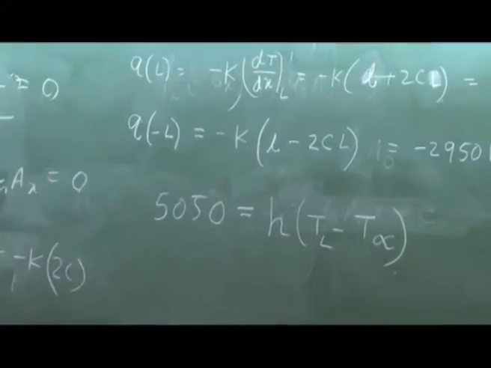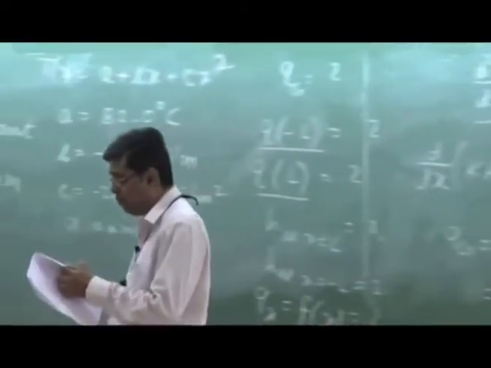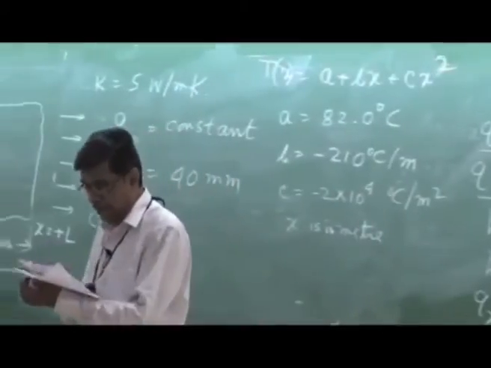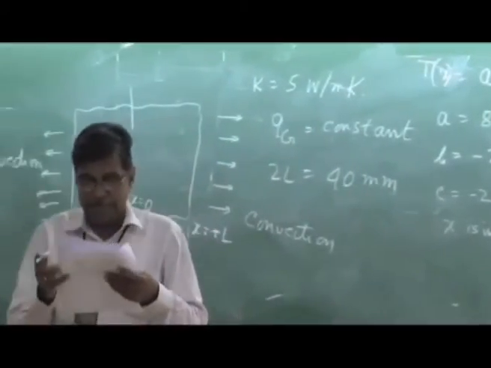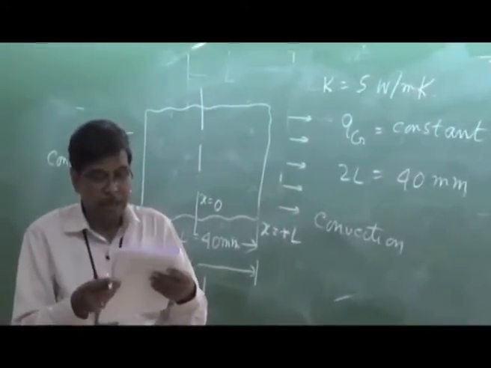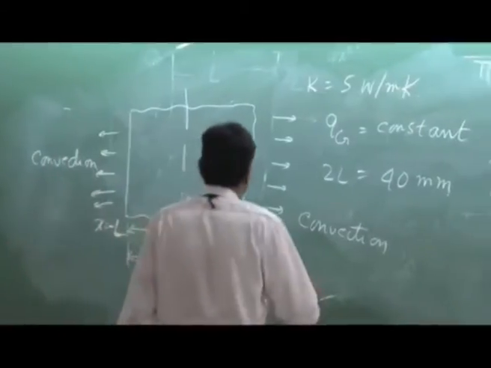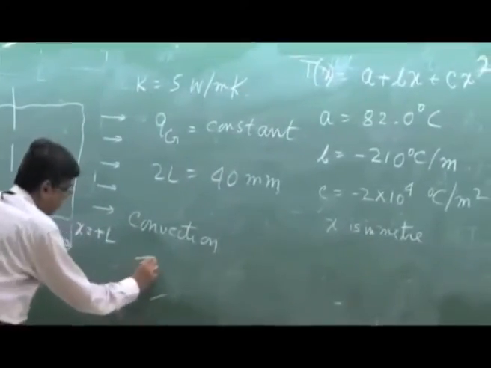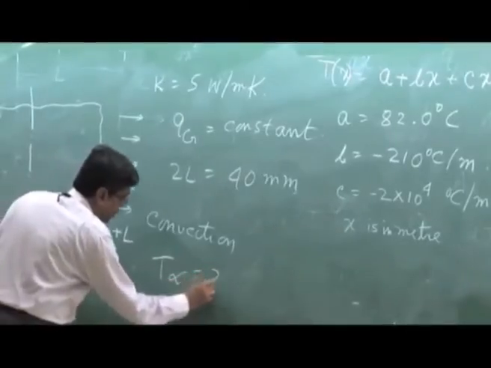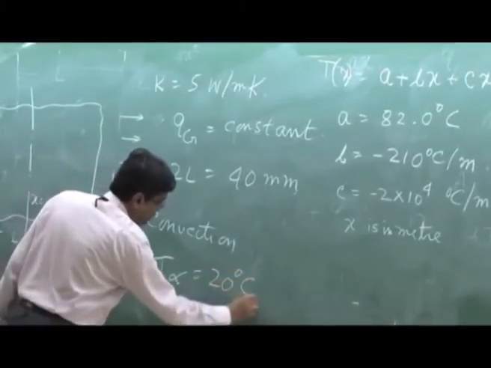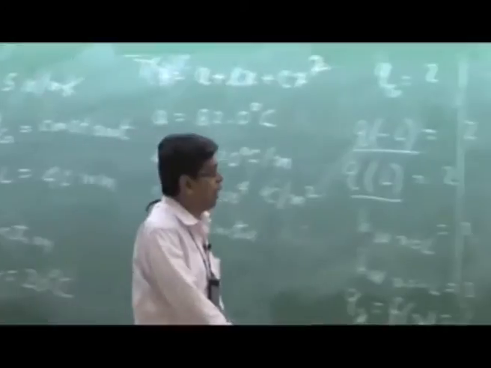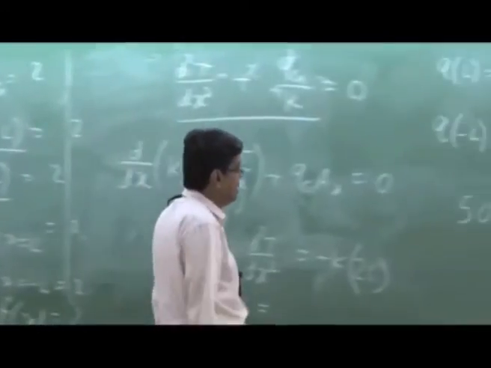So free stream temperature has to be given for the problem, otherwise I cannot find it. It is given, yes, 20 degrees Celsius. That means free stream temperature T infinity is 20 degrees Celsius. So therefore you can find out this H at L.